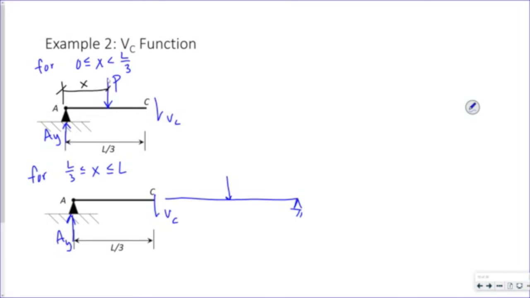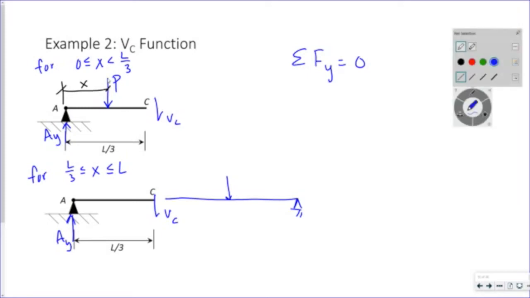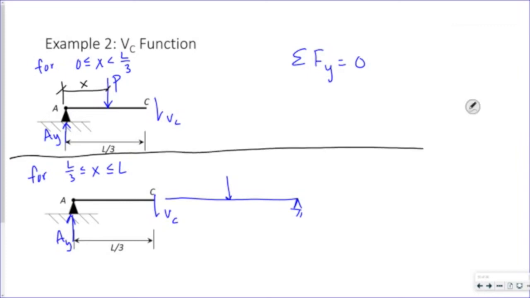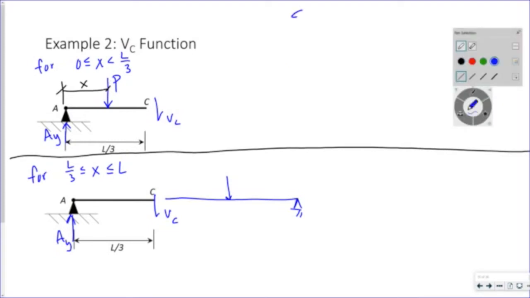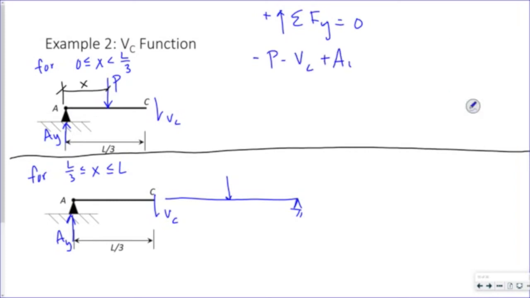If I take the top scenario, let's see, sum of the forces in the y direction is 0. My forces are P down, VC down, AY up.